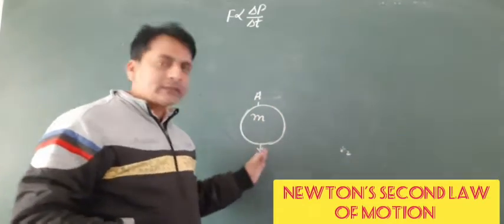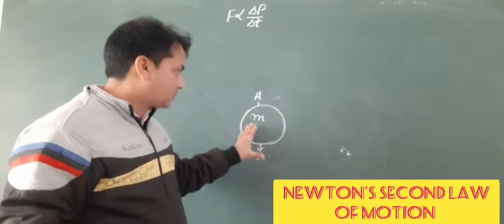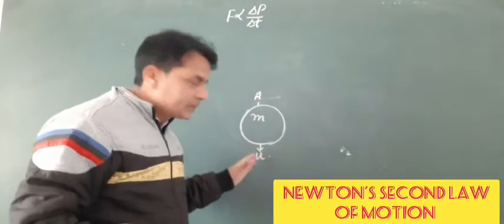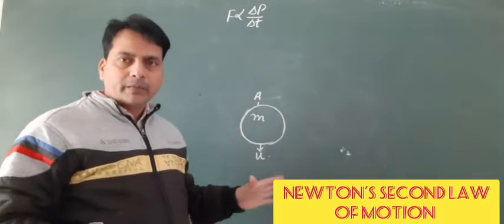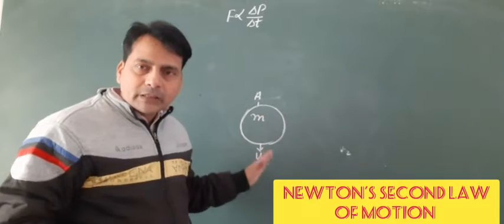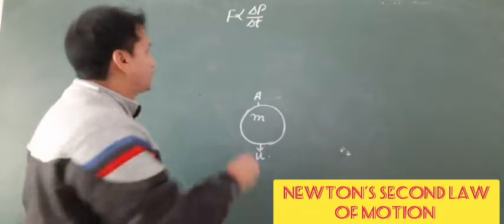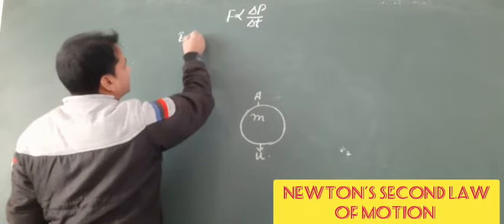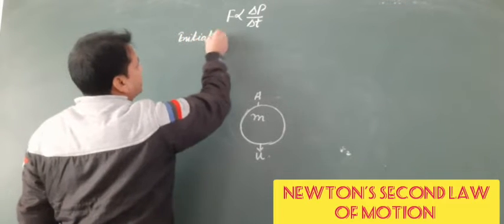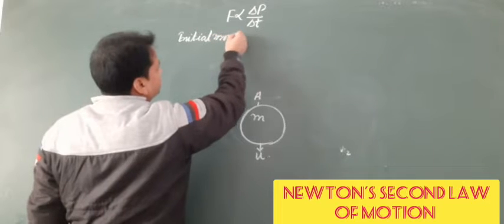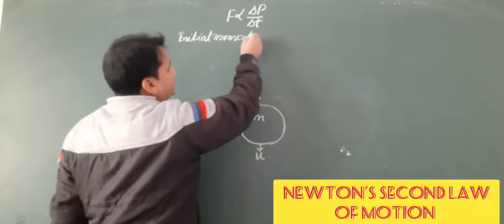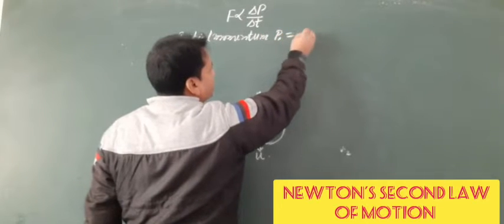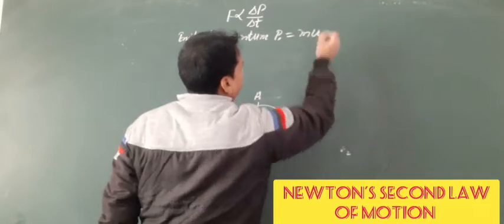Suppose object A has mass m and initial velocity u. Then the initial momentum of object A is P1 equal to m into u.